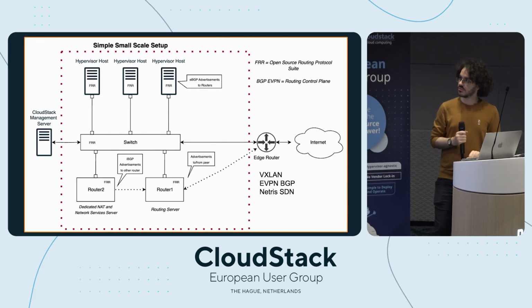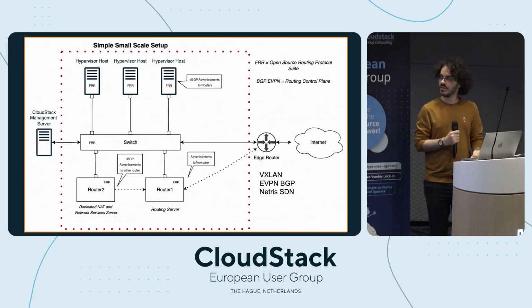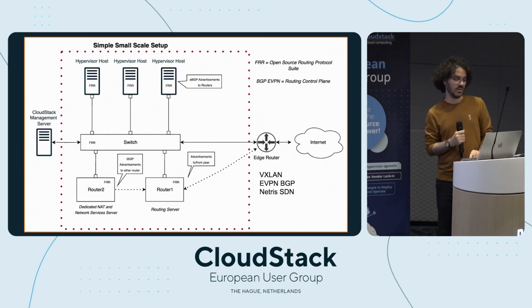And we use Netris for this, but it's also completely fine to do with just your own automation scripts, etc., or with manual configuration. But it's quite a lot of work from what we've seen. And of course, you've got your CloudStack management server here as well.